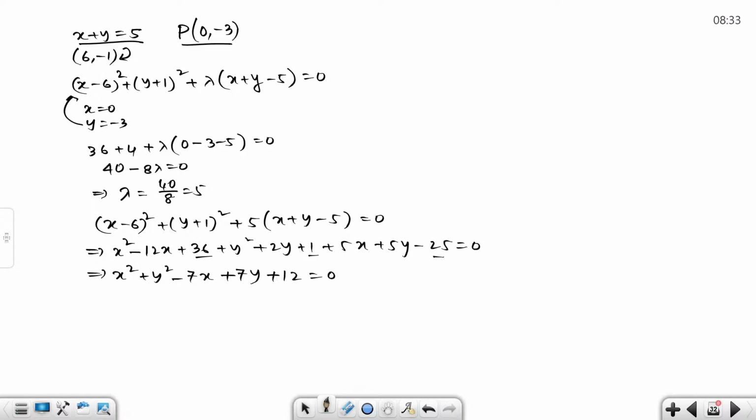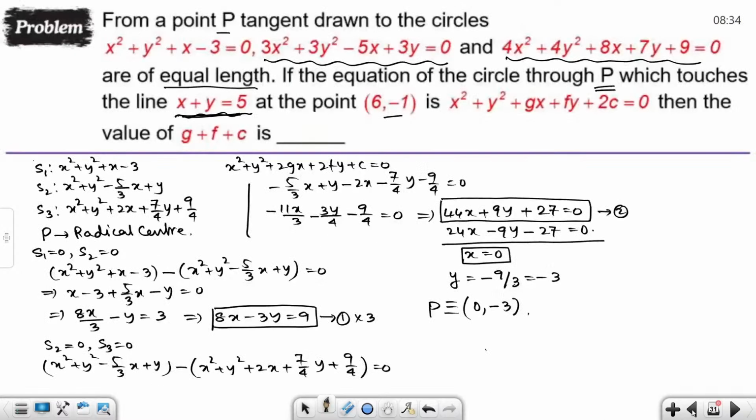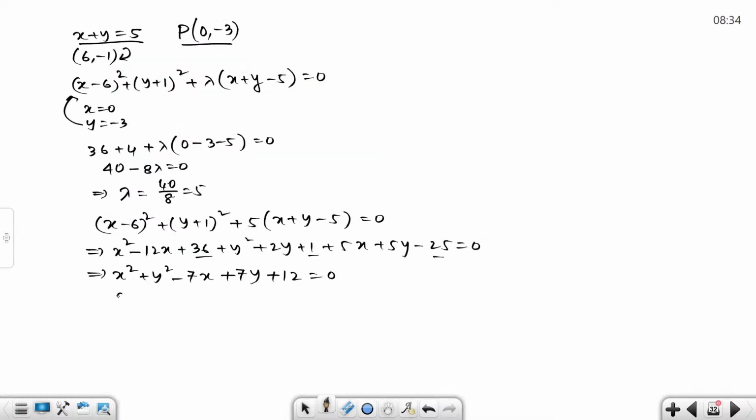Am I right? Okay. Now, in the question, look carefully. In the question, they have said that the equation of that particular circle is given by this equation. What is the equation? The equation is x square plus y square plus gx plus fy plus 2c equals to 0, right?